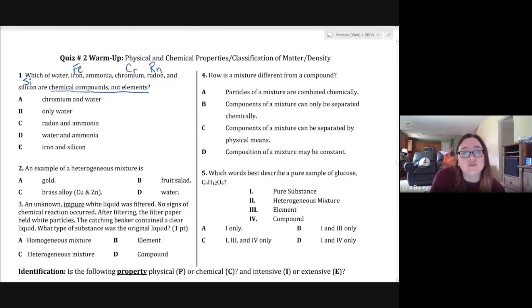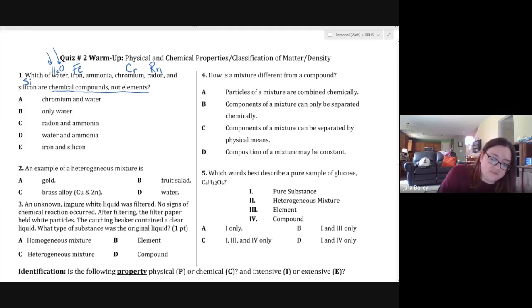Now, no matter how hard you try, you will not be able to find water or ammonia on the periodic table because they are not elements. Water, hopefully you know this, is H2O. Notice by the fact that there are 2 capital letters there, that makes that a compound. And ammonia, I don't expect you to know what ammonia is, like on a chemical basis right now, but I do expect you to be able to figure out it's not on the periodic table.